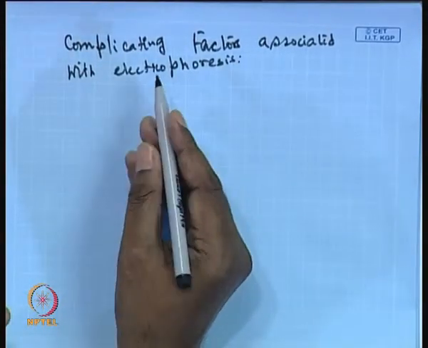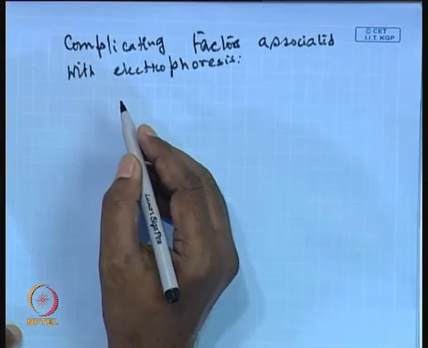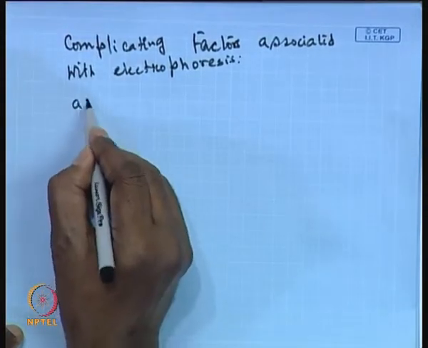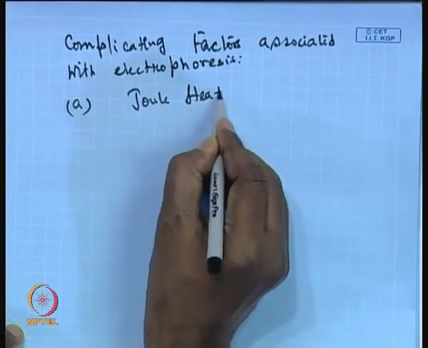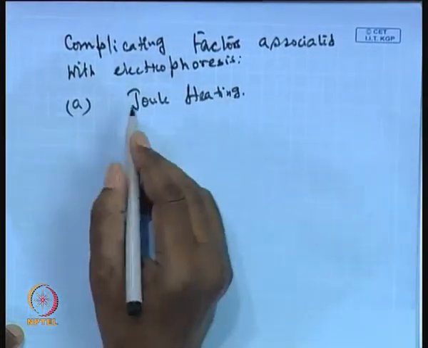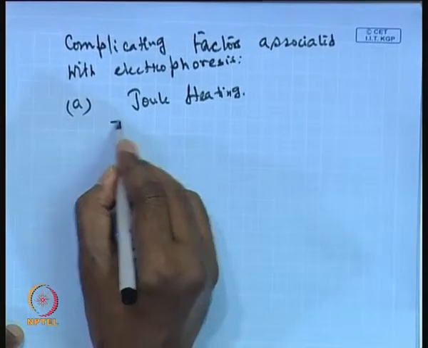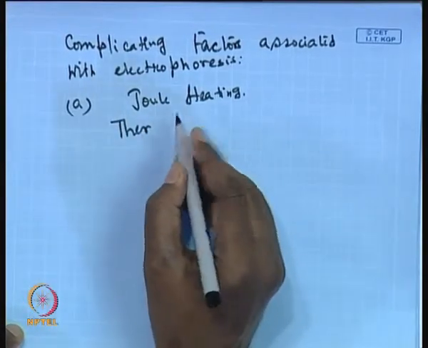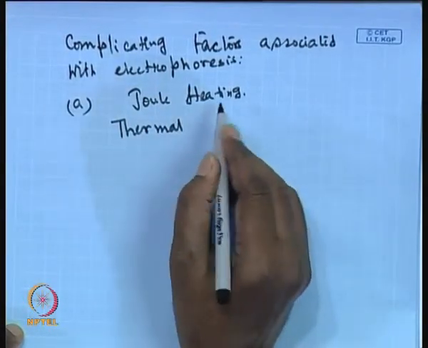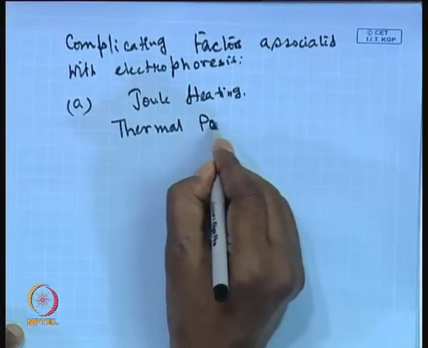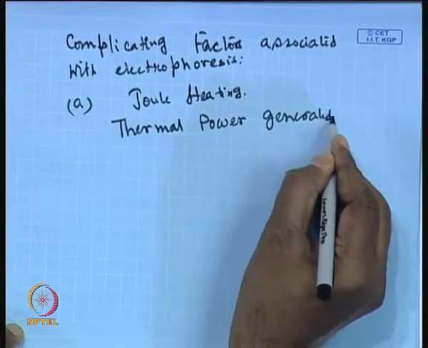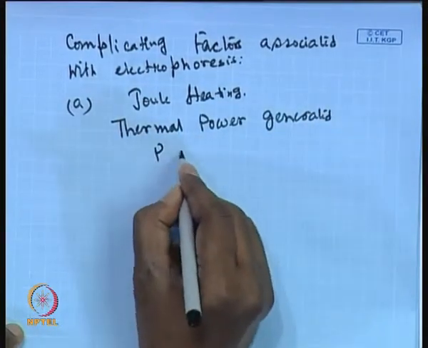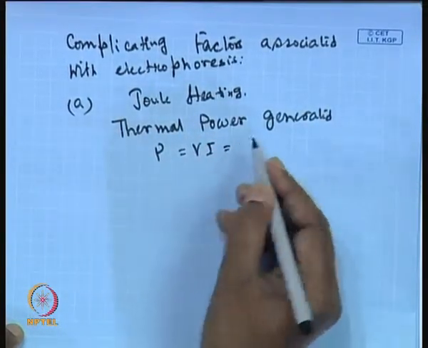Now, the first complication arises out of Joule heating. The thermal power that is generated because of the flow of current is dictated by the Joule heating. P is equal to V times I, voltage multiplied by the current.